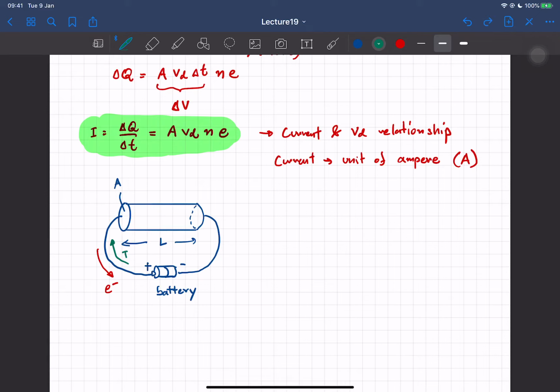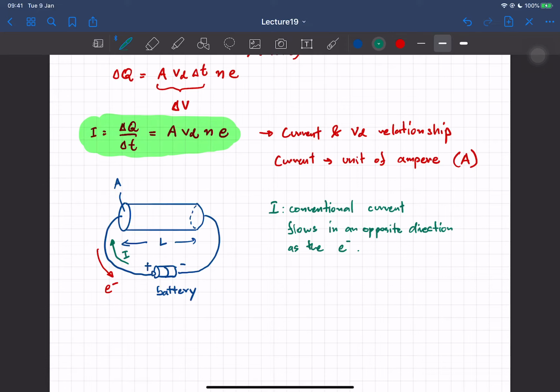It's just the fact that we label electrons to have negative charge, so the current, which we think of as positive current, flows in the opposite direction. So I, which is called the conventional current, flows in an opposite direction as the electron.